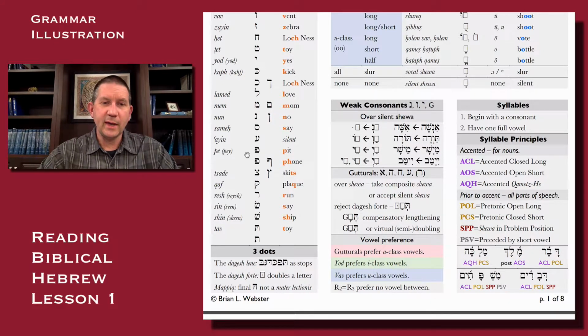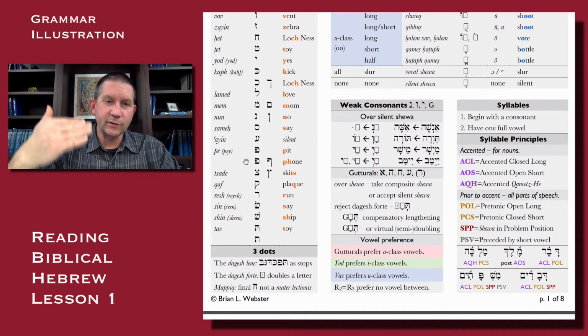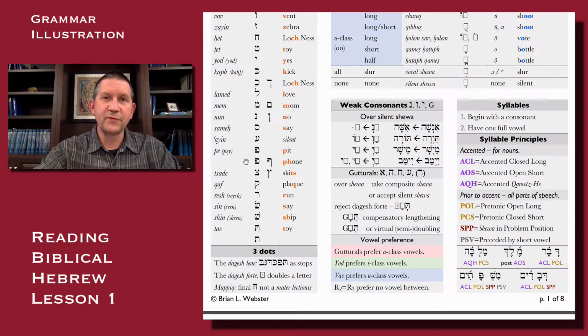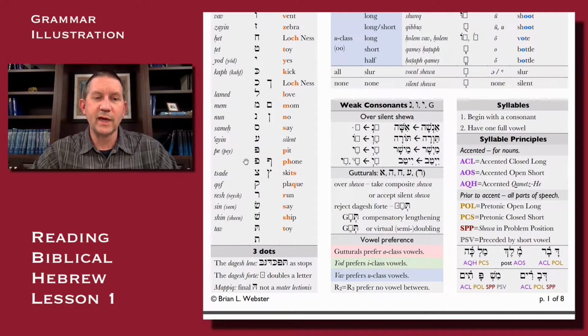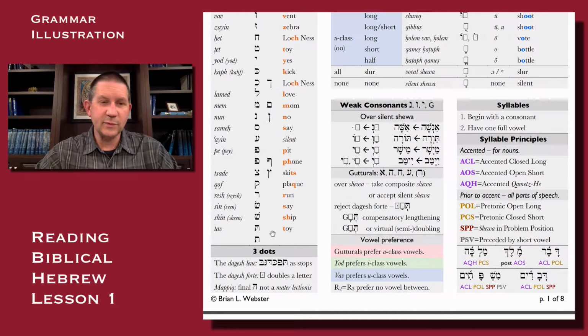The letter pei is another one that we have a distinction for. Without the dagesh lene, where there's a vowel and there's breath moving, we get the f sound, which could be written with an F in English, but we write it usually with a PH just to show its connection to the letter pei. And then finally tav, and these days tav is pronounced like a T in any position.